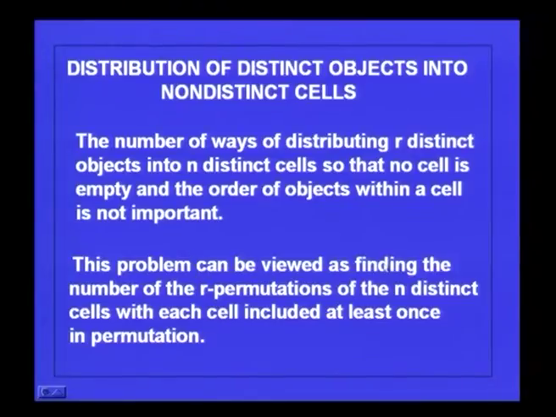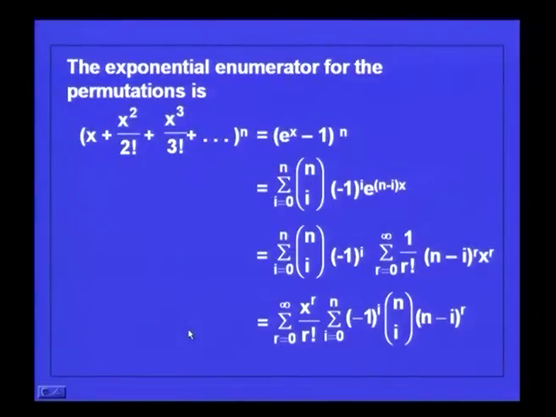This problem can be used as finding the number of r permutations of the n distinct cells, each cell included at least once in the permutation. So, the exponential enumerator for the permutation is given by this. Each cell has to be included at least once. So, you do not have to start with 1, you start with x straight away. So, x plus x squared by 2 factorial, this is for one cell. So, for n distinct cells you have this.